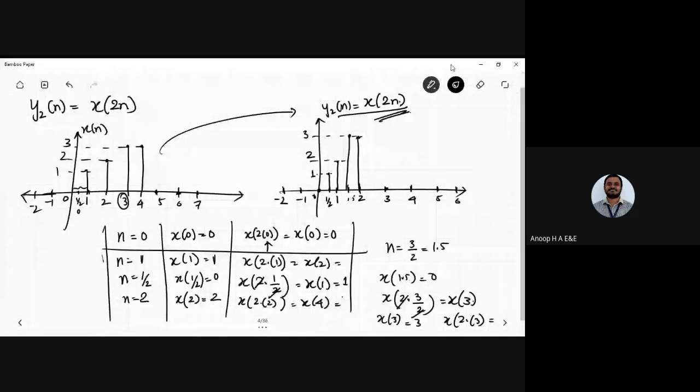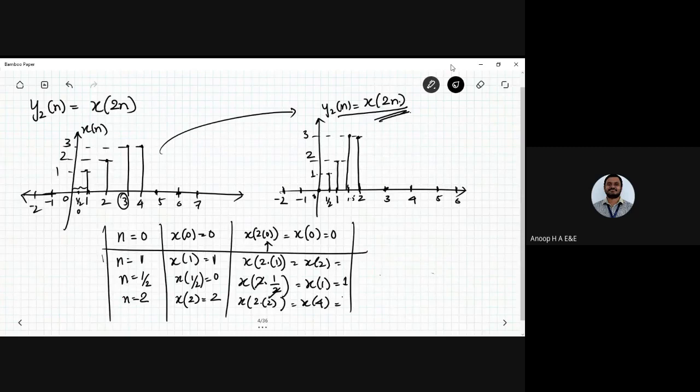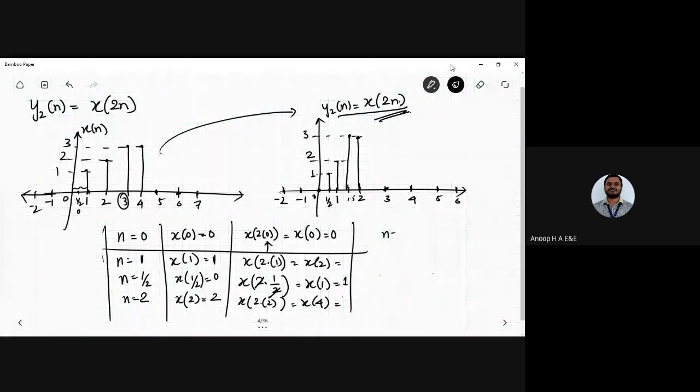Now I need a value between 2 and 3, that is 2.5. I can write it as 5 by 2. Let me erase here and write it. Yes, 2.5 I need, which is equal to 5 by 2. What's the value that has been specified in x of n at 2.5?